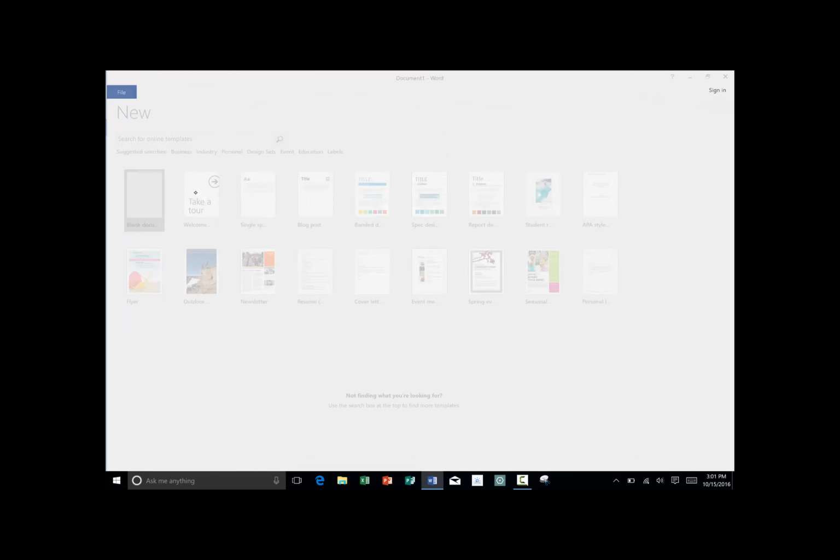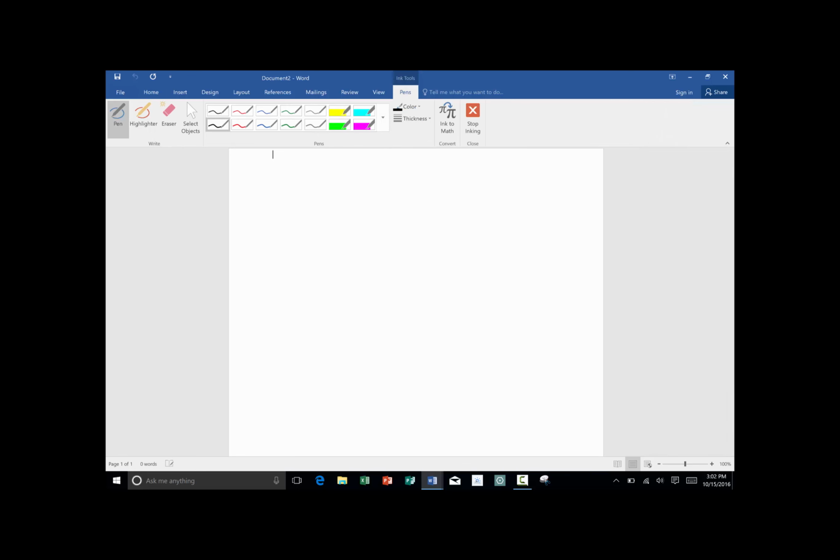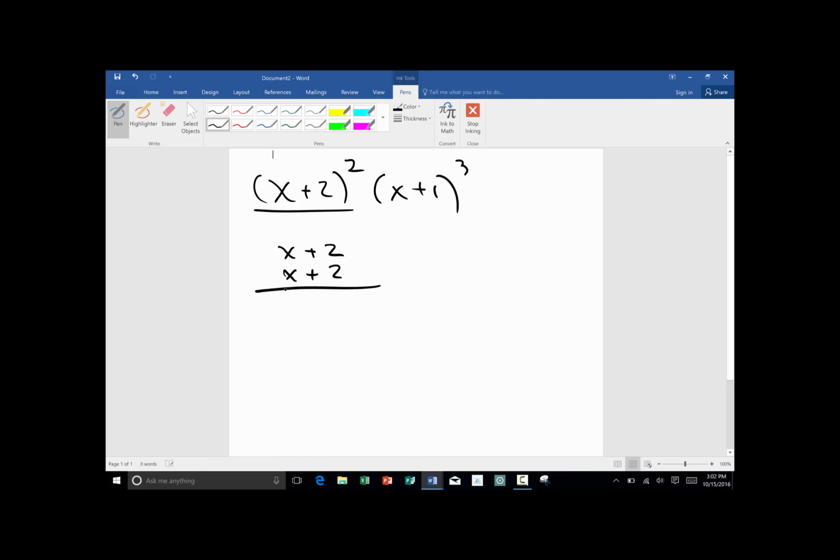Like, if you had x plus 2 squared times x plus 1 cubed, you do the x plus 2 squared first, and again you could put them up and down, and you get x squared plus 2x plus 2x plus 4.